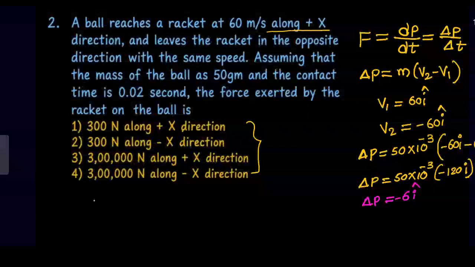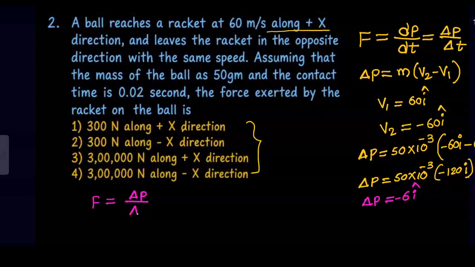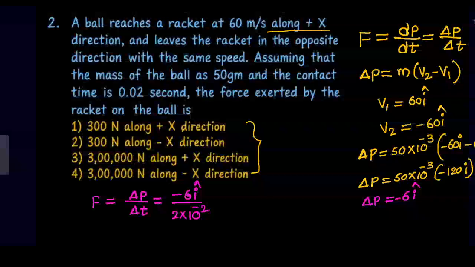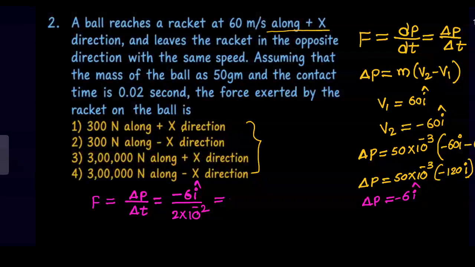Now, force means what? That is delta P by delta T. So delta P we got, that is minus 6 I cap by delta T. Time is given, so that means 2 into 10 power minus 2, which is 0.02 seconds.